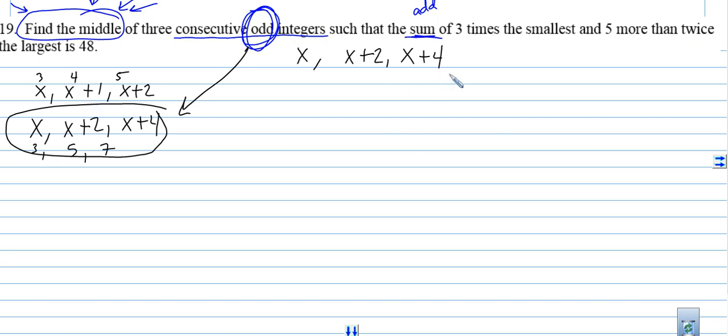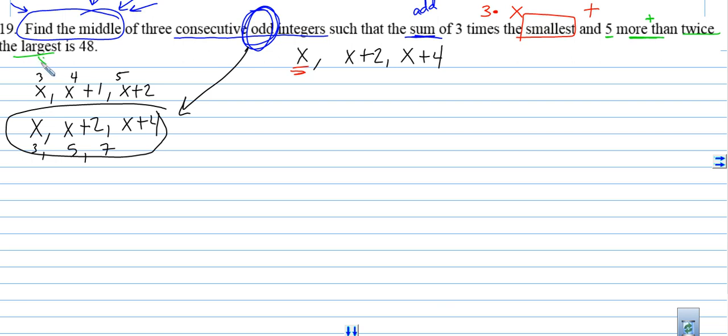Now, it says the sum of 3 times the smallest. This one's the smallest, x, so it's 3 times x. And we're adding, so that means "and" is the plus. 5 more, which means adding again. Then twice the largest.